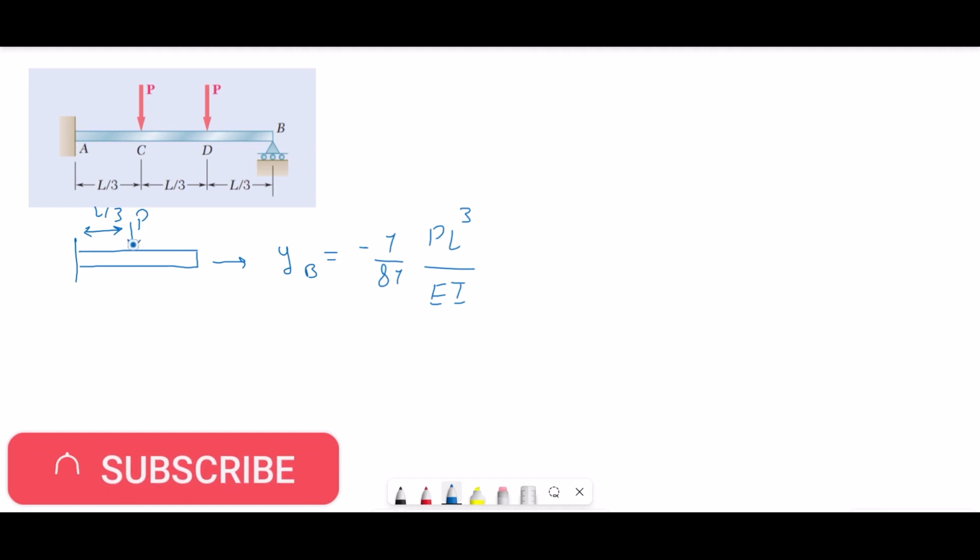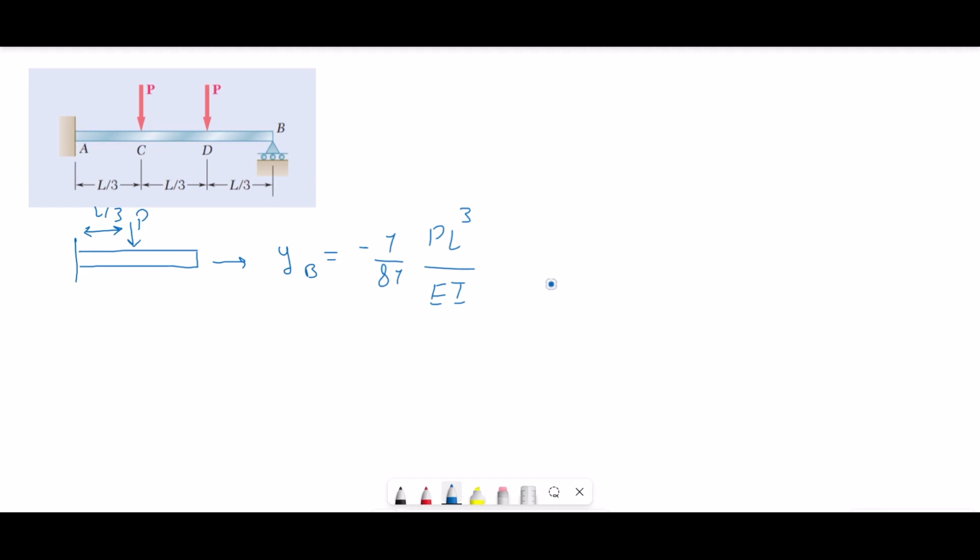And as we said, the deflection is going to be related to the angle that this beam makes with the horizontal, and that will be equal to CB times theta at point C. And we know that theta at point C is equal to 1/18 times P times L to the power 2 divided by EI.